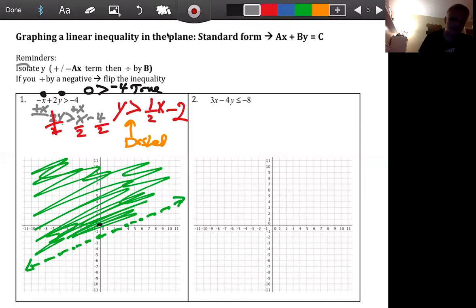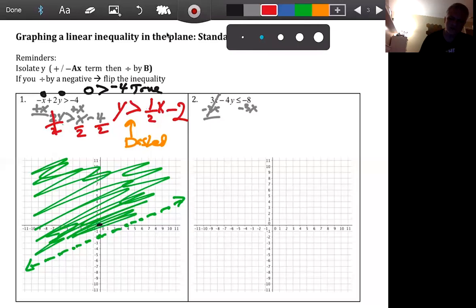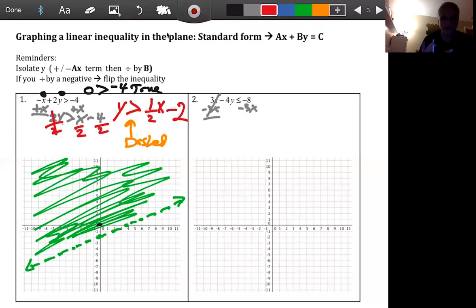Okay, let's do our last question for this set of notes. Again, we want to isolate our y so that we can graph this boundary line. So we're first going to subtract 3x. Okay, those cancel nicely. Notice that I have -4y. I didn't cancel the minus, so I got to bring that -4y with me.